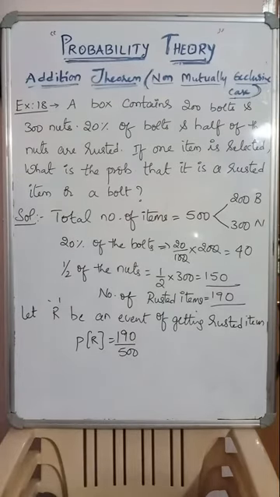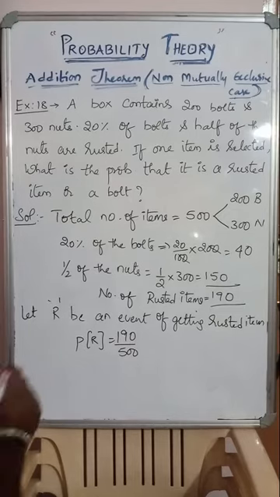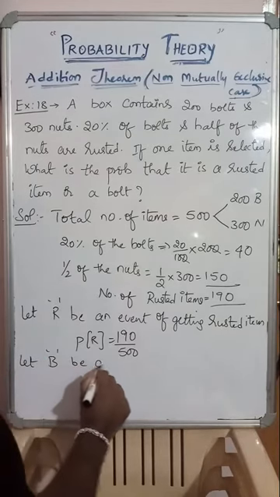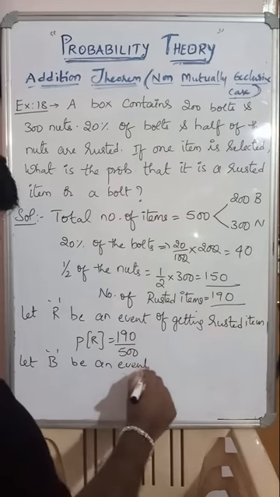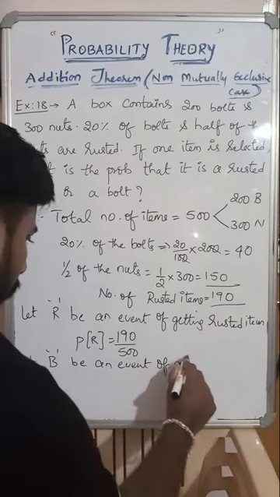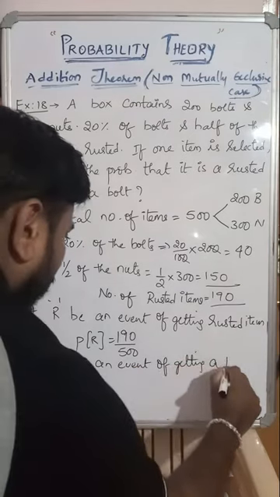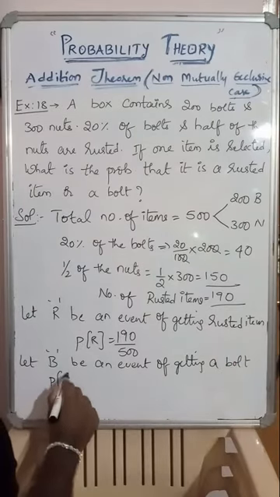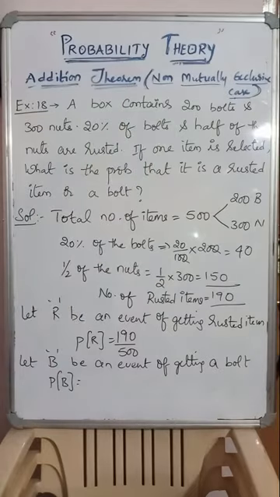Do you understand, guys? Getting a rusted item is 190 by 500. Next, getting a bolt. Let B be an event of getting a bolt. So probability of bolt becomes, how many bolts were there? 200 were there.